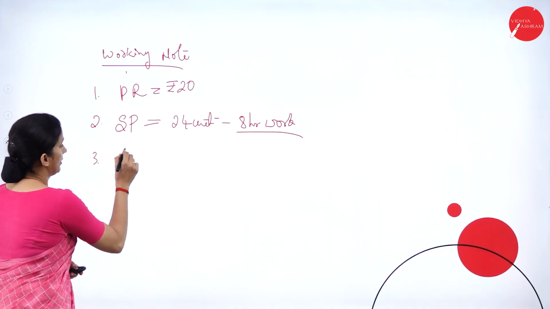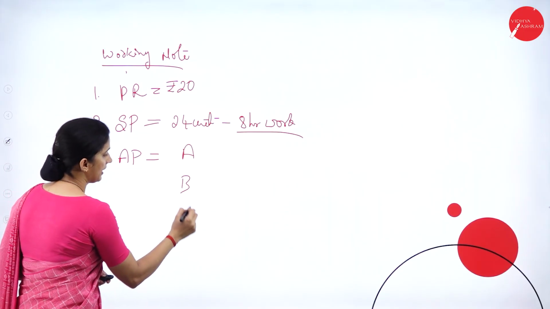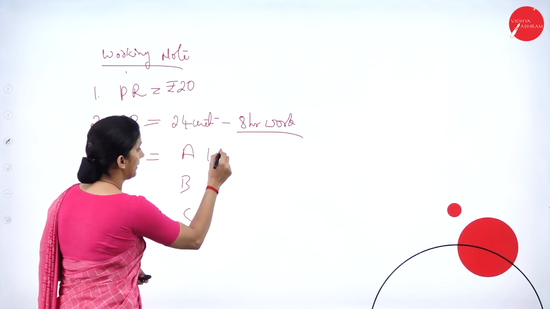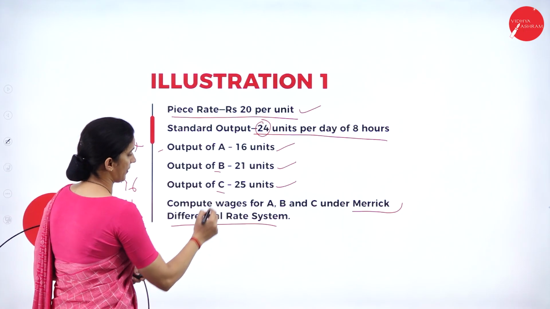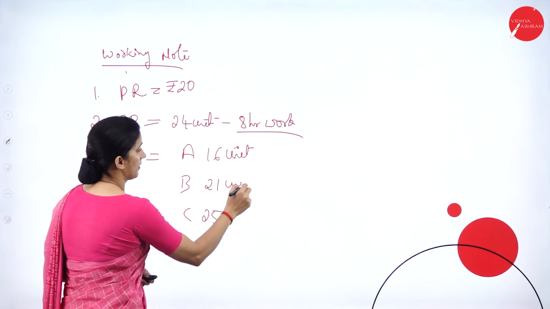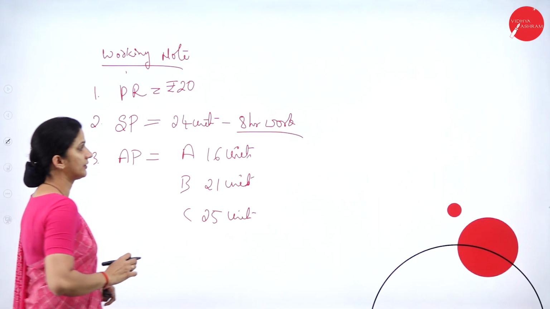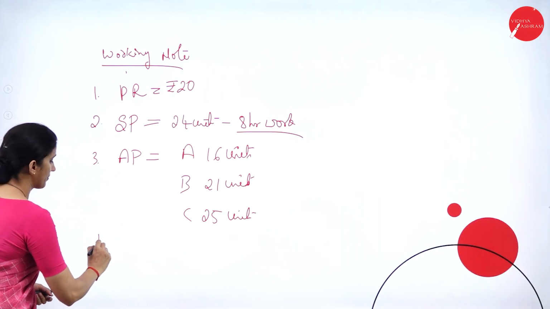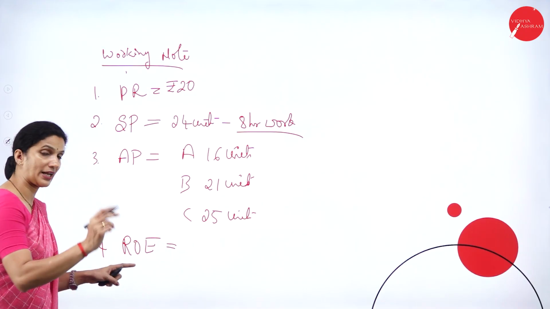Then third one, we need to know the actual production for A, B and C. A is 16, B is 21, C is 25. This is the units they produced in the 8 hours. Then last, we need to calculate the rate of efficiency.